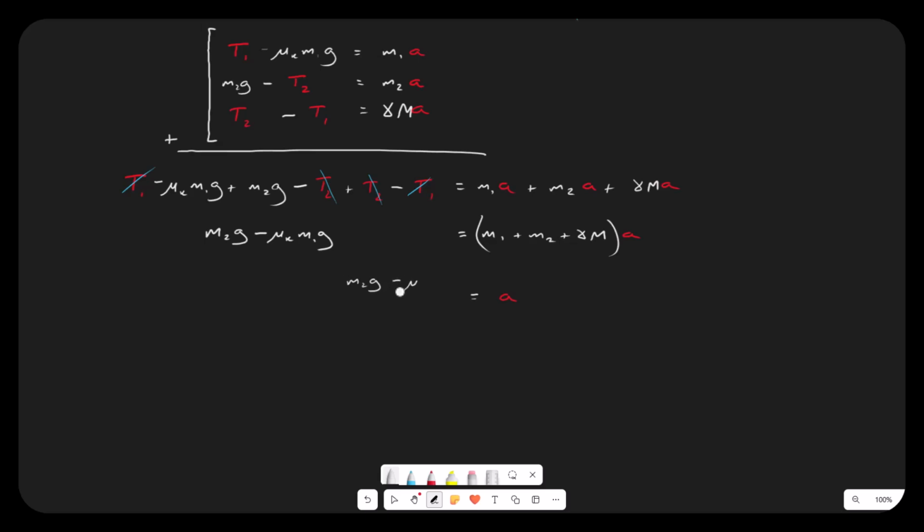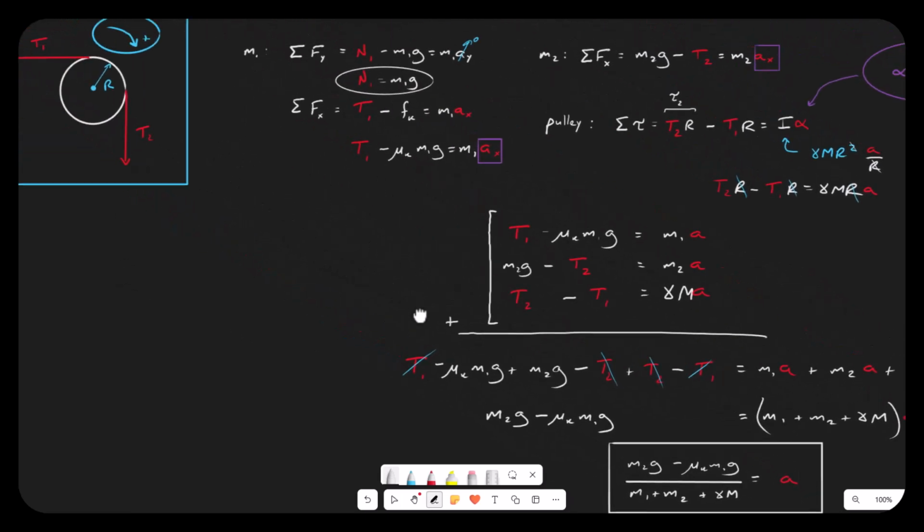a equals m2 g minus mu_k m1 g divided by m1 plus m2 plus kind of the effective mass of the pulley. I'm already this far into an example. Usually I try and keep the example videos separate, but here we are.